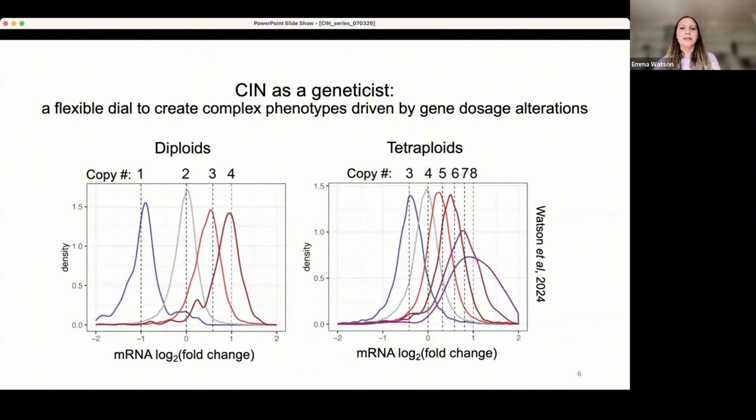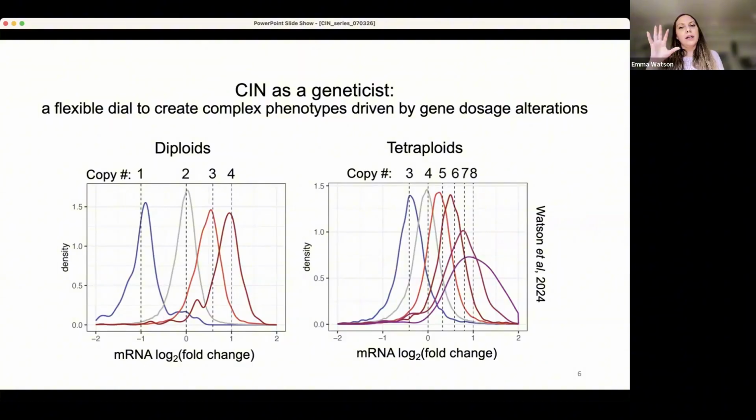And so how does copy number alteration create phenotype? Well, it really creates phenotype through changes in transcriptomic output, okay? So here I'm showing you some data from my postdoc paper where we looked at the mRNA log two-fold change for genes in different chromosomal states across many different isogenic clones made from mammary epithelial cell lines.